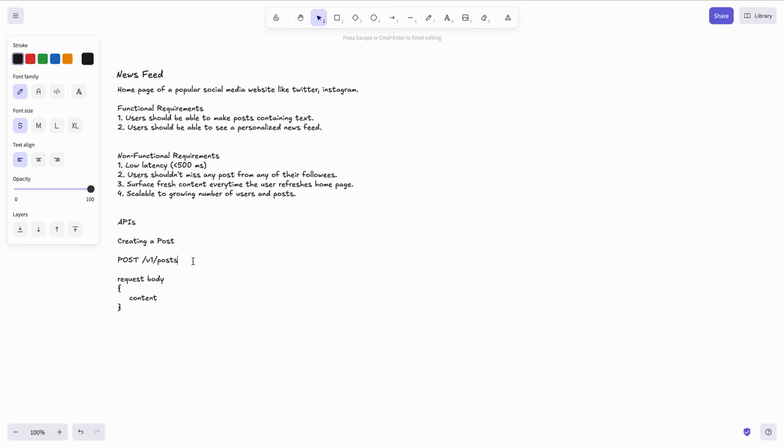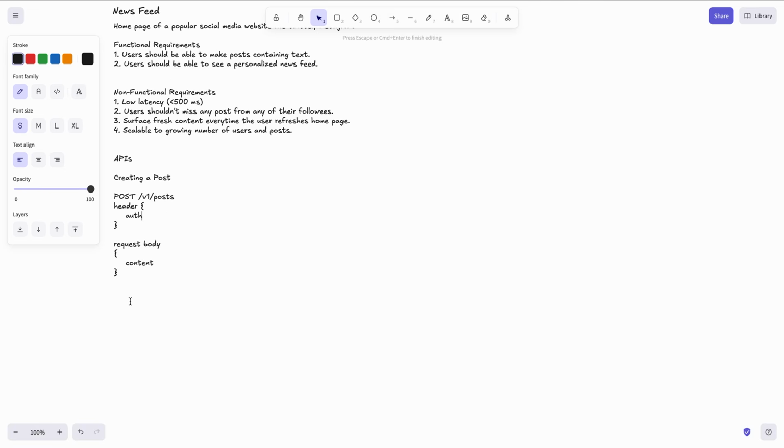And the information about the user who is posting this content can be sent in the request headers as part of some authentication tokens, to ensure that the user actually has the permissions to make a post. The ID of the user can be derived from this authentication token.